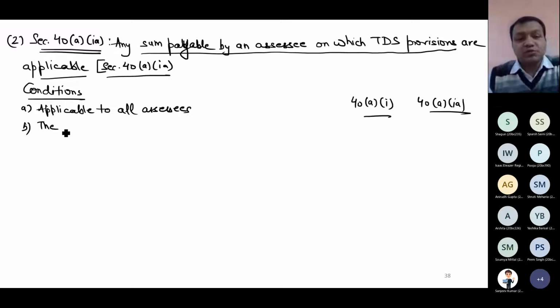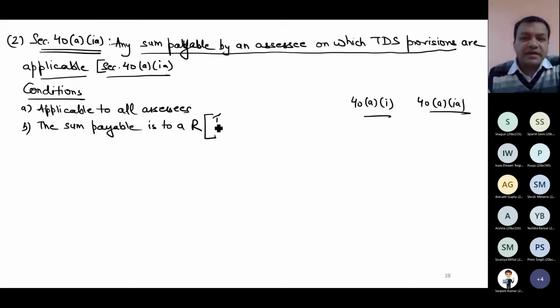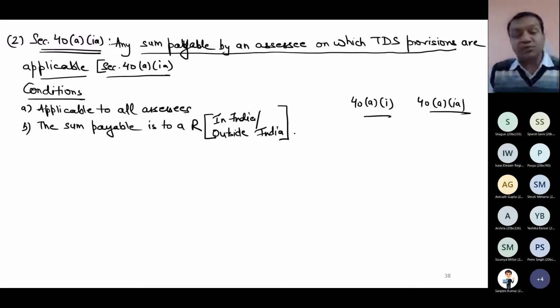The sum payable is to a resident, specifically only to a resident. This resident can be in India or outside India, does not matter, but the sum payable should be to a resident.